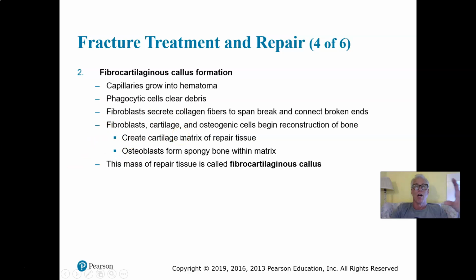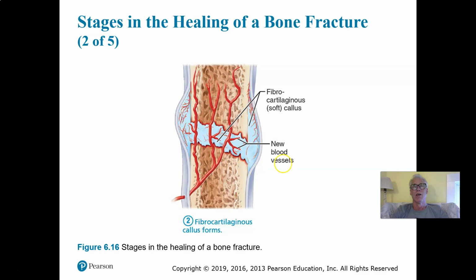We've got this amalgamation, this temporary repair tissue of collagen fibers and extracellular matrix of connective tissues, and we're going to call that the fibrocartilaginous callus. Couldn't get that out. Fibrocartilaginous callus.